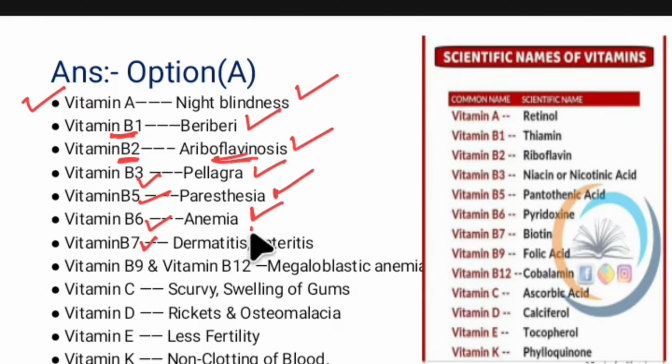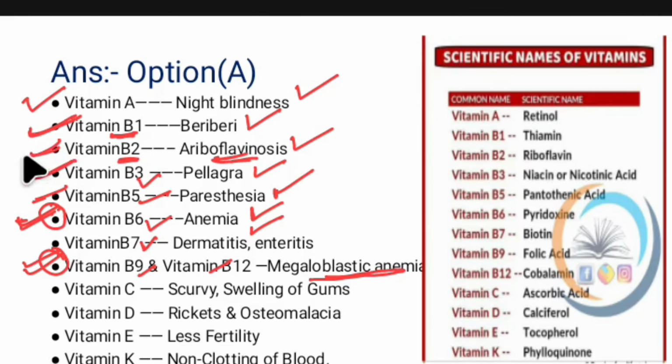B7 leads to dermatitis, and B9 and B12 lead to megaloblastic anemia. Remember, B6, B9, B12 are related to anemia.